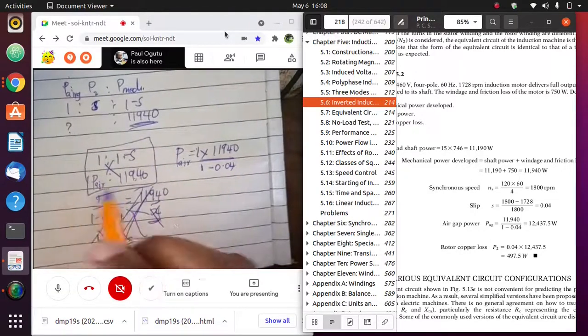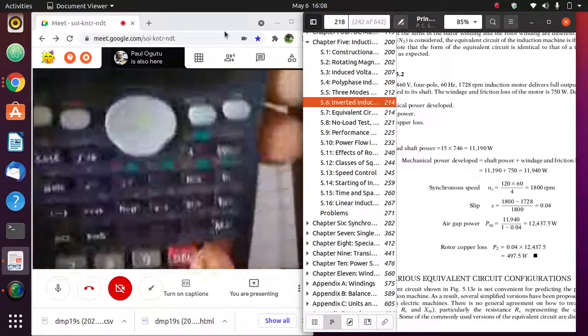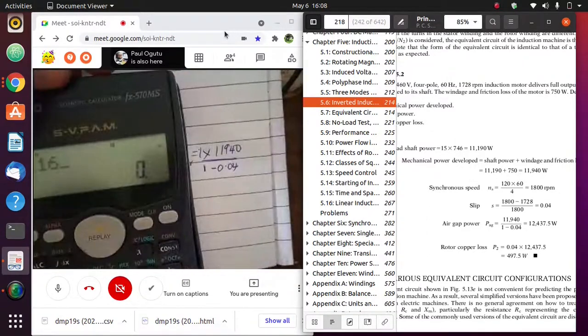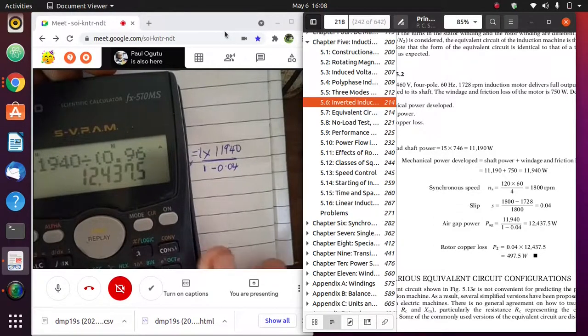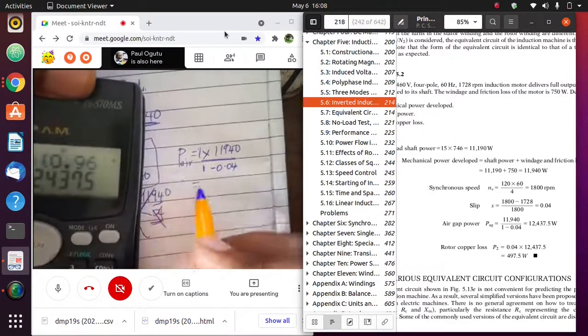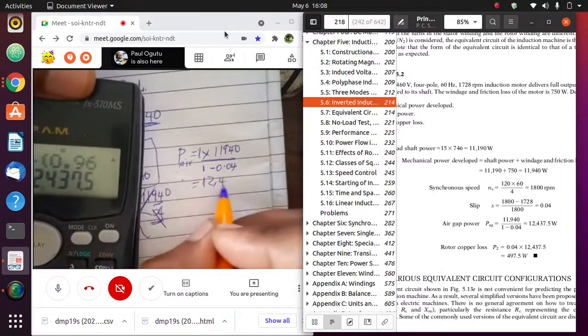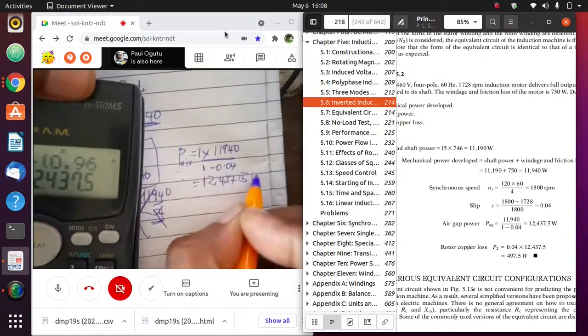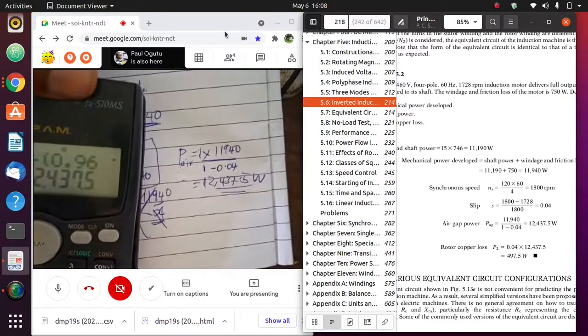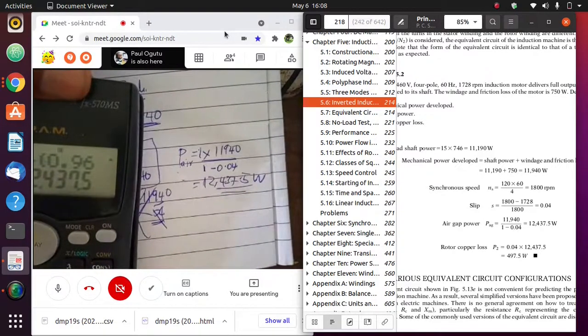So the P air gap will be 11,940 divided by 0.96. You get that the air gap power is 12,437.5 watts. I don't know if you understood that, Paul.